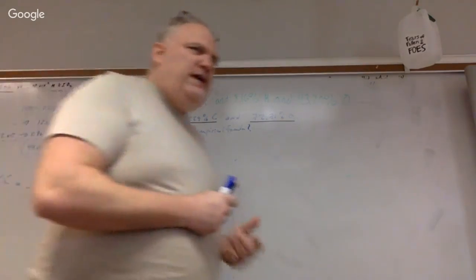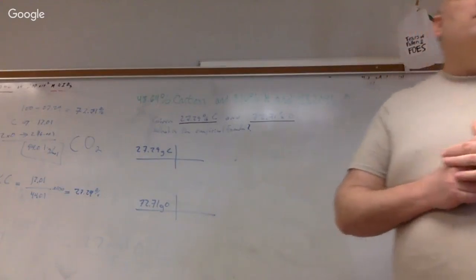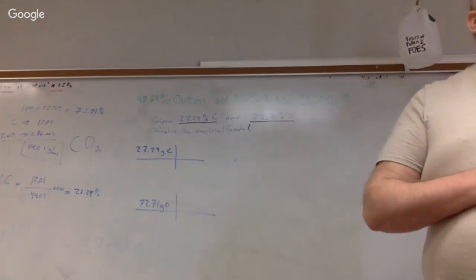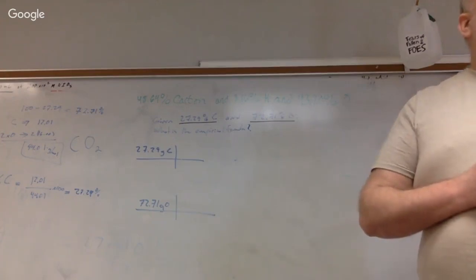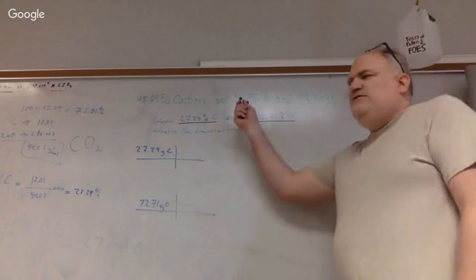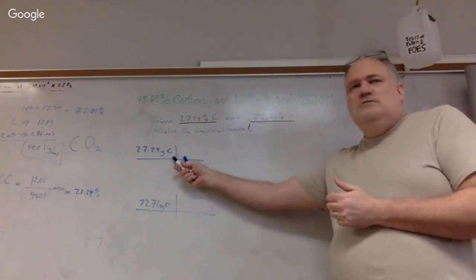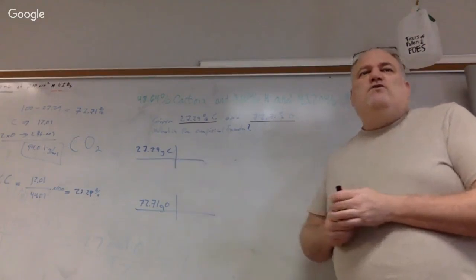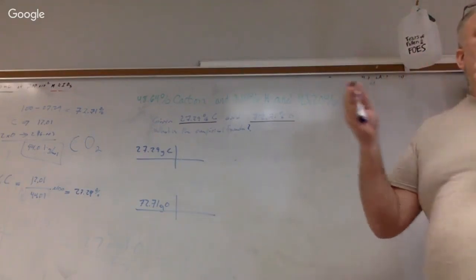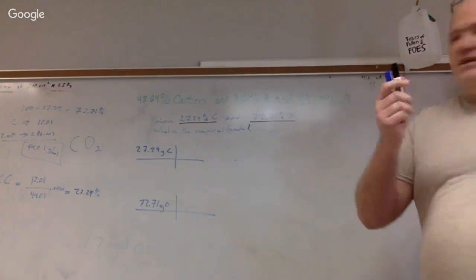And as always the case, do we ever use grams in our equations or anything we're dealing with? Don't we always convert to moles? Always? So here's our steps. If they give you percentage, pretend you have 100 grams and convert to grams. If you have grams, convert to moles, because if you know the moles of each one, you now have a ratio for your equation. So let's do this together.